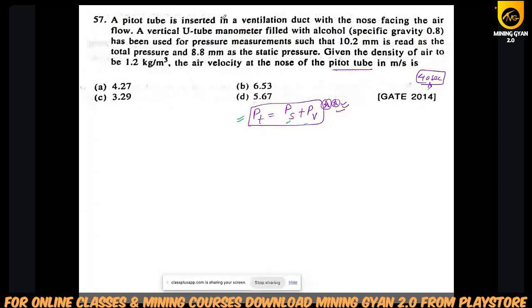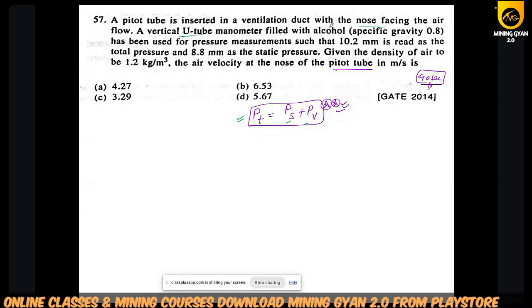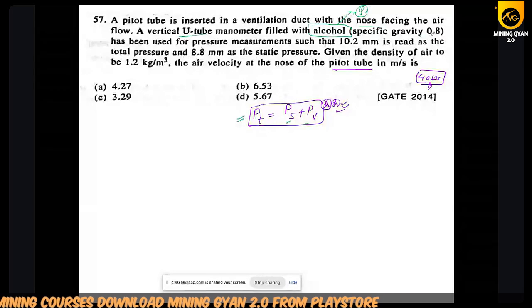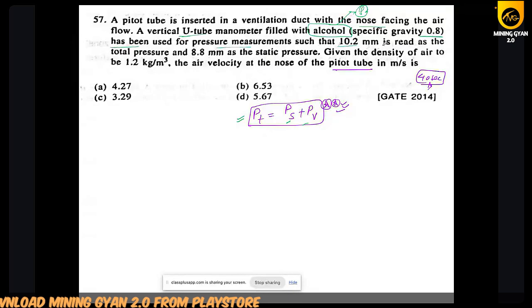A pitot tube is inserted in a ventilation duct with the nose facing the airflow. A vertical U tube manometer filled with alcohol, which means they are using alcohol, so we have to use its density. He has given us the specific gravity as 0.8, used for the pressure measurement, with 10.2 mm as the total pressure reading and 8.8 mm as the static pressure.